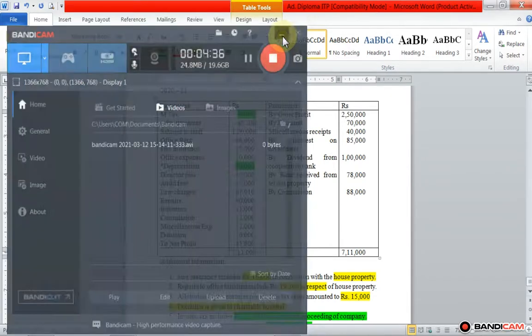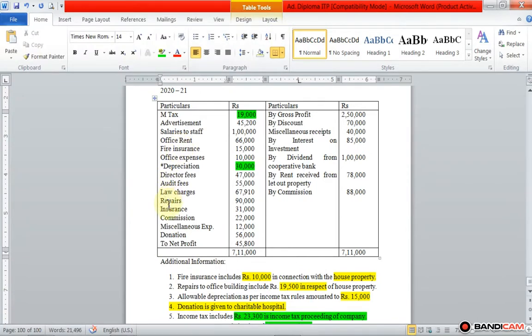Insurance is taken for business purposes. Commission is allowable expenditure. Miscellaneous expenses are allowable. Donation is disallowed expenditure. Then net profit is given in the problem, that is 45,800.